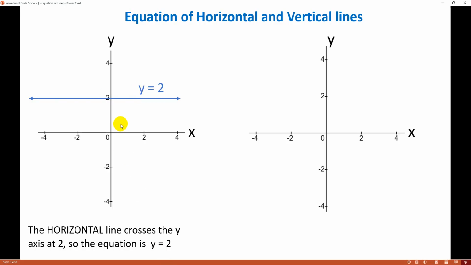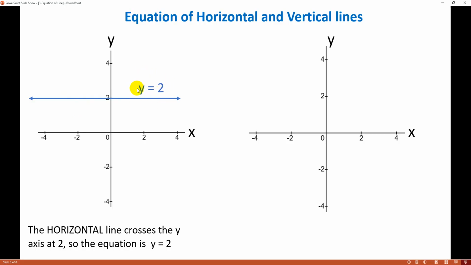The reason why this is like this is because every single coordinate in this line will have y equals 2, right? If we go to this point, it will be 2,2. If we go to this point, it will be 4,2. If we go to this point, it will be negative 2,2. So in every single point of this line, the y coordinate is 2.